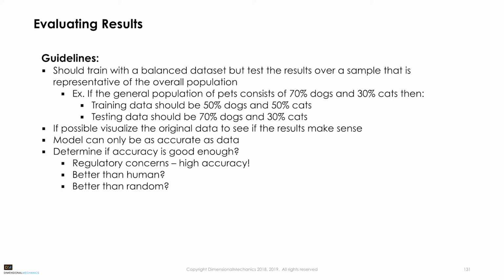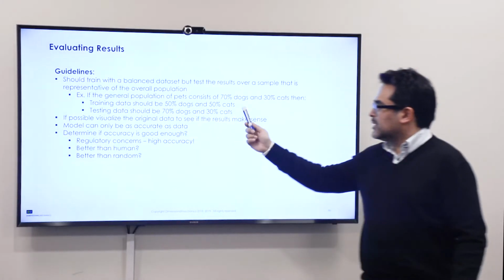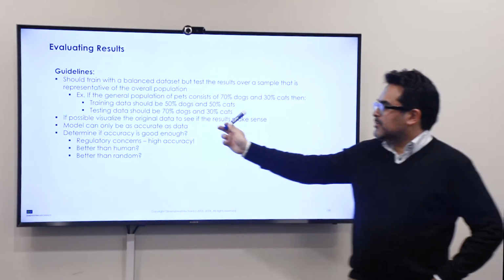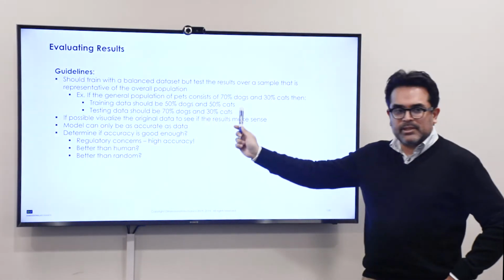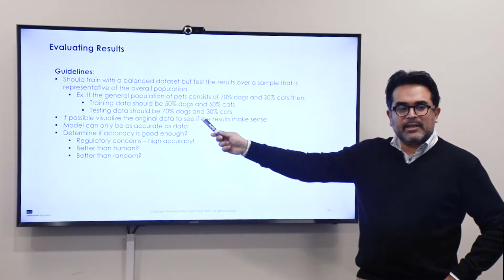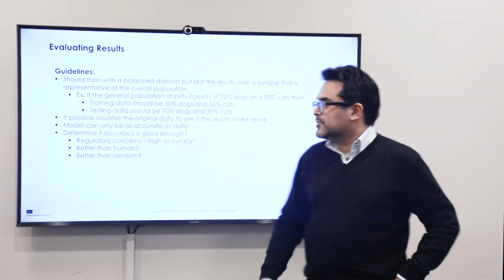The reason is otherwise your model tends to recognize one relatively well and recognize the other really poorly. The testing data, however, should go back to 70% dogs and 30% cats, because that should again reflect reality. So your validation data will be on the balanced set and will give you a really good answer, but your testing will have to be on this kind of population dynamic, and that can result in some very strange discrepancies.